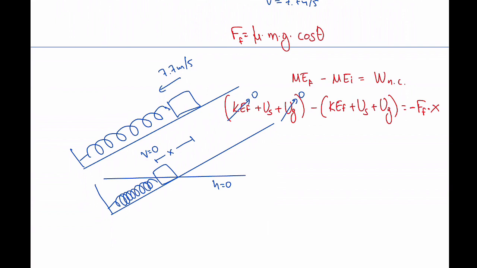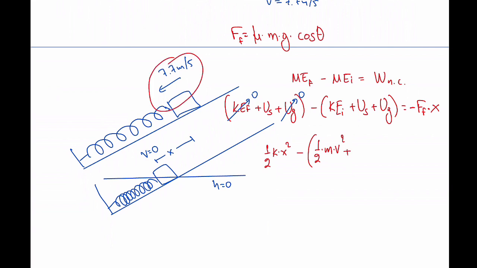So at the end we have only the potential energy of the spring, that is squeezed, and this is half k times x squared, minus, I wrote final but I should have written initial, so kinetic energy initial, that is half mv squared, and this v is the 7.7 meters per second, plus the potential energy by the spring.